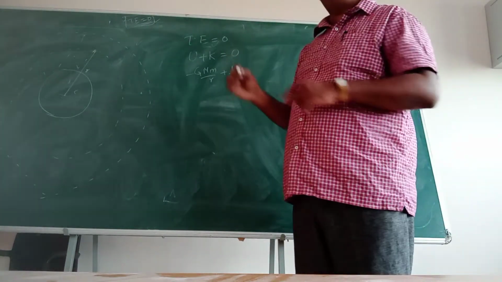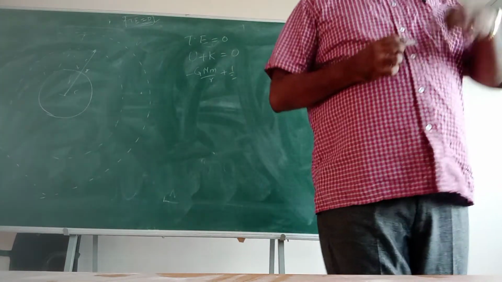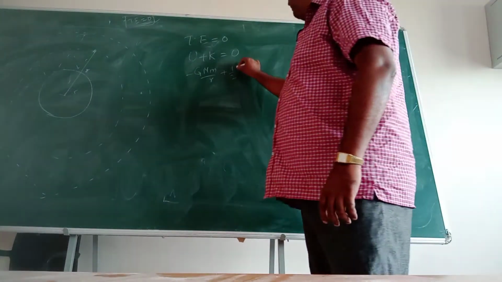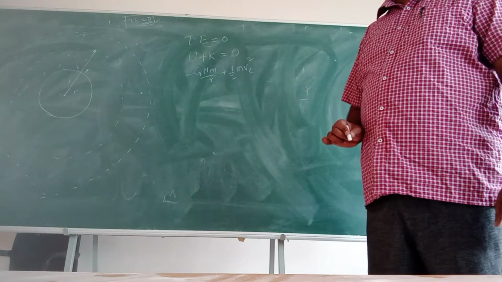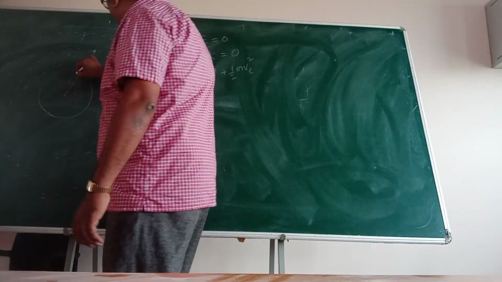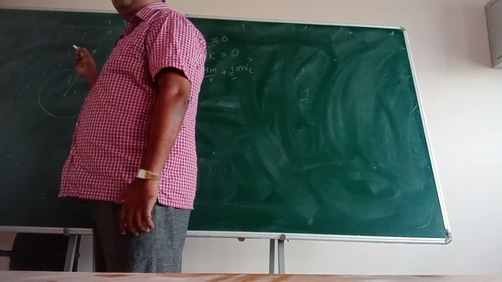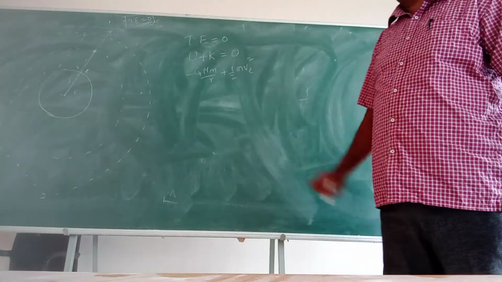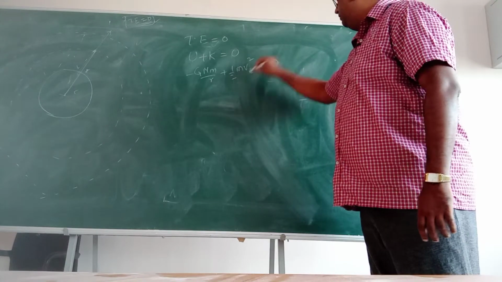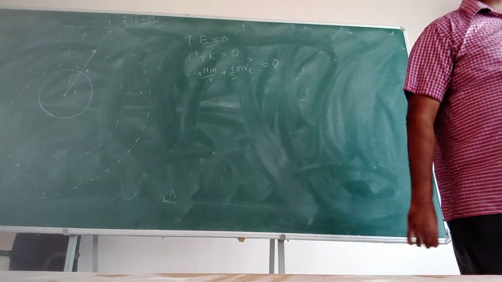Let that speed be VE, the escape speed. So half m VE square. These two add up to 0, correct?